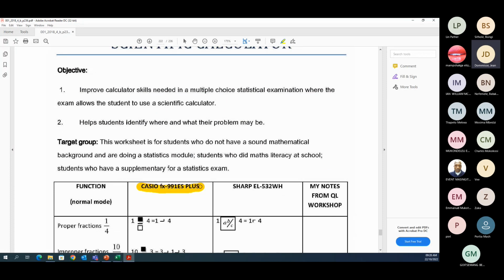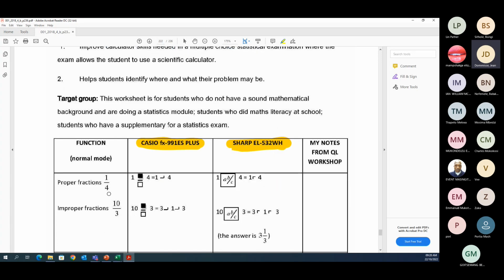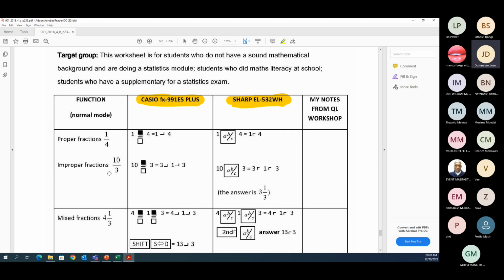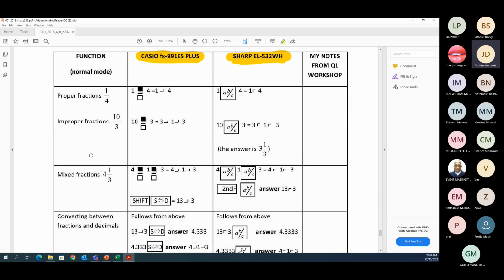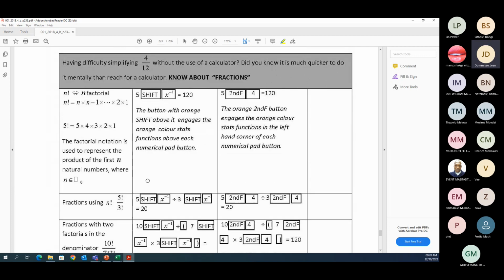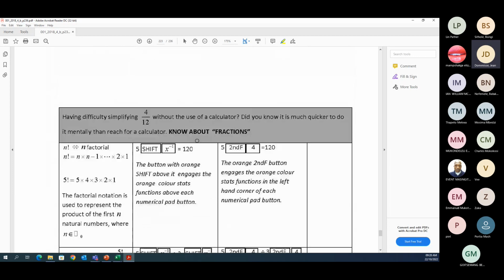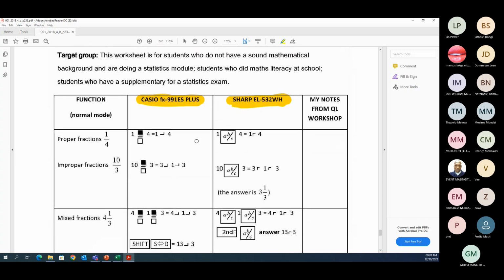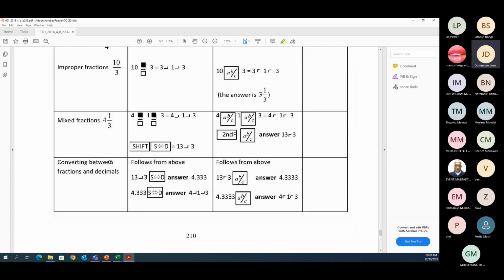There's the explanation if you use the Casio, and there's the explanation if you use the Sharp. If you have either of those two calculators, anything you would need for this exam is actually in here, from about page 2010 in your study guides.